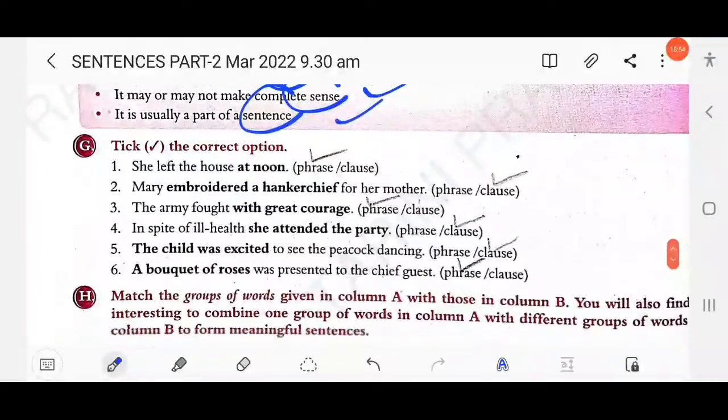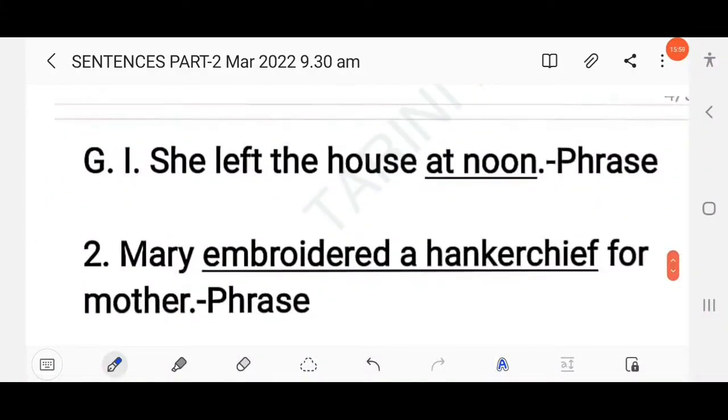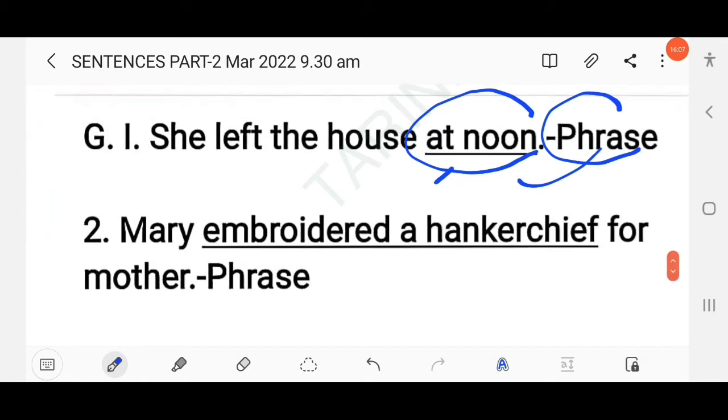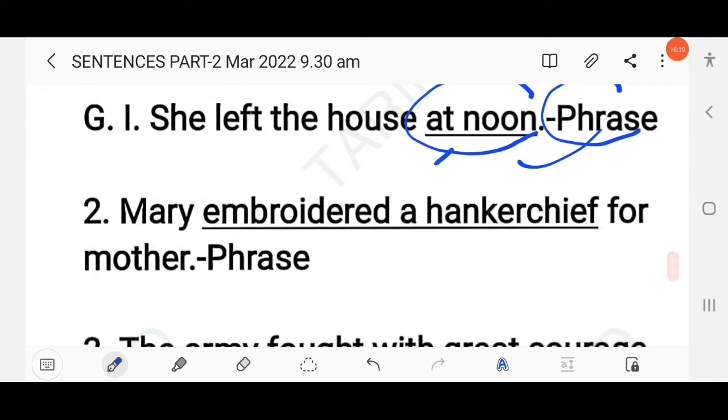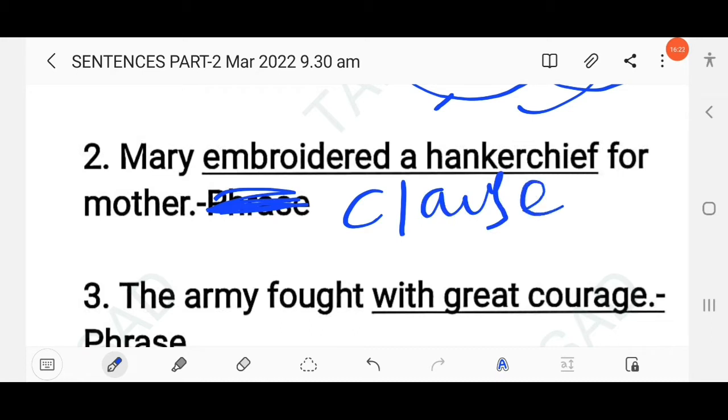So here, take the correct options. She left the house at noon. So at noon is a phrase, not a clause, as there is no verb and also no subject. Okay. Mary embroidered a handkerchief for mother. So this is a clause, as there is a verb and also an object.